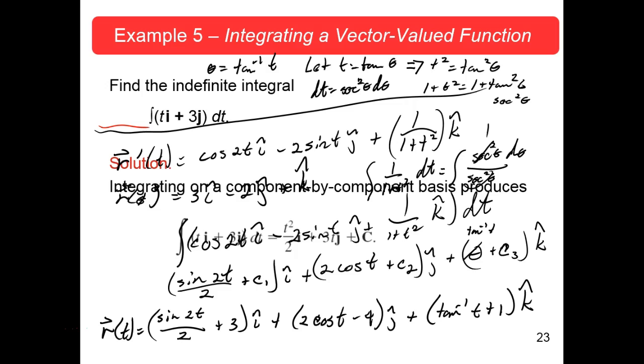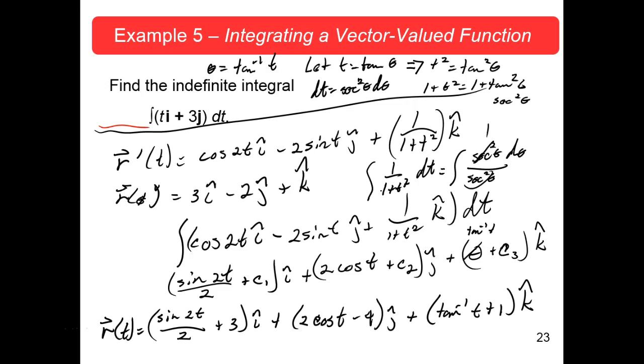Now they, rather than writing inverse tangent, they write arctangent, which is the same thing. So yeah, that's exactly what they got, and that's how they got it. That's it for 12.2. Okay.